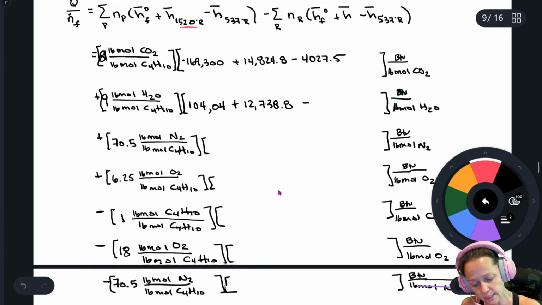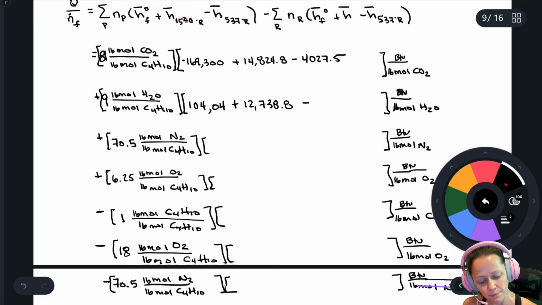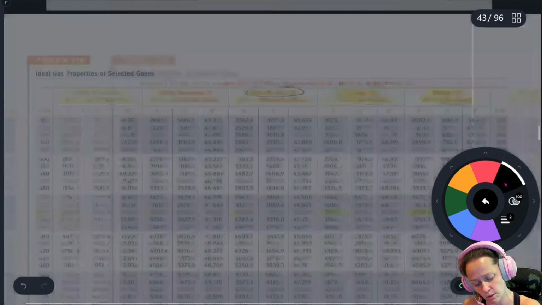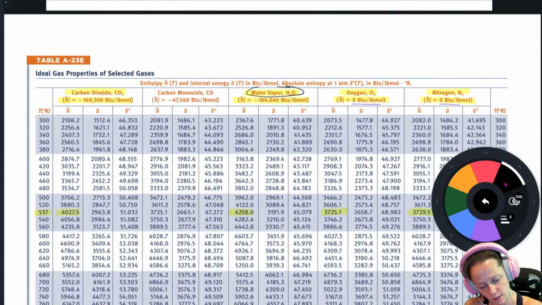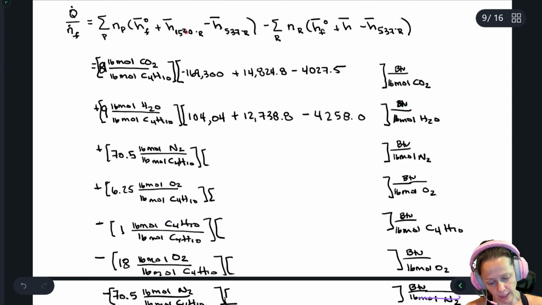And the enthalpy at standard reference state at 537 degrees Rankine ends up being 4258.0.